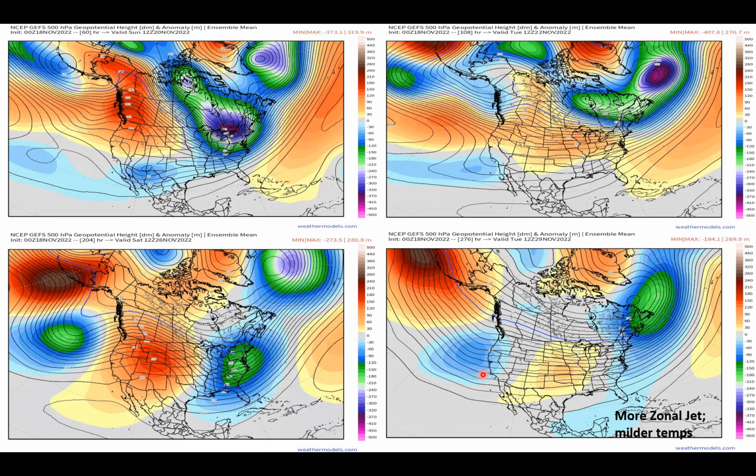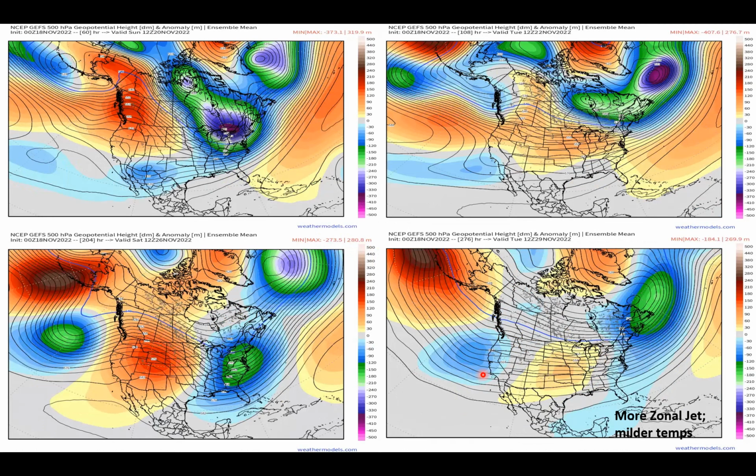Looking further down the road for the longer range ensembles, we'll look at the European EPS, the Ensemble Prediction System. This is from the 00Z run on the 18th of November. So we could be looking at a potential pattern change yet again, heading into early December. This is 1 December on the left, and this is 2 December on the right.